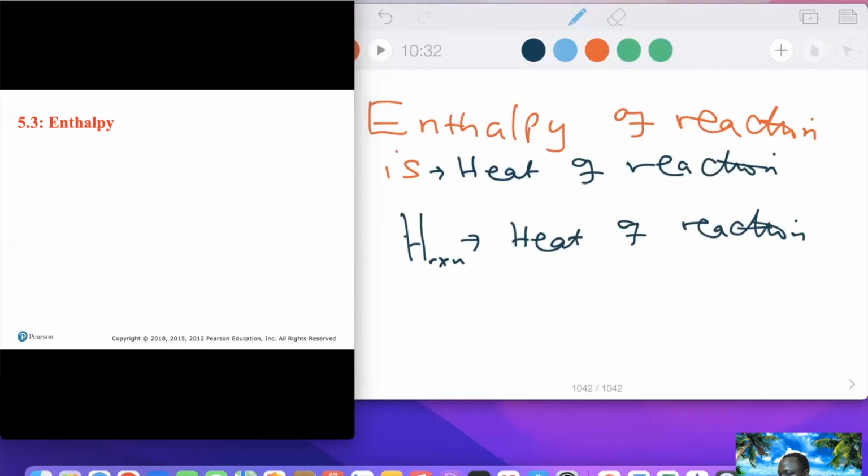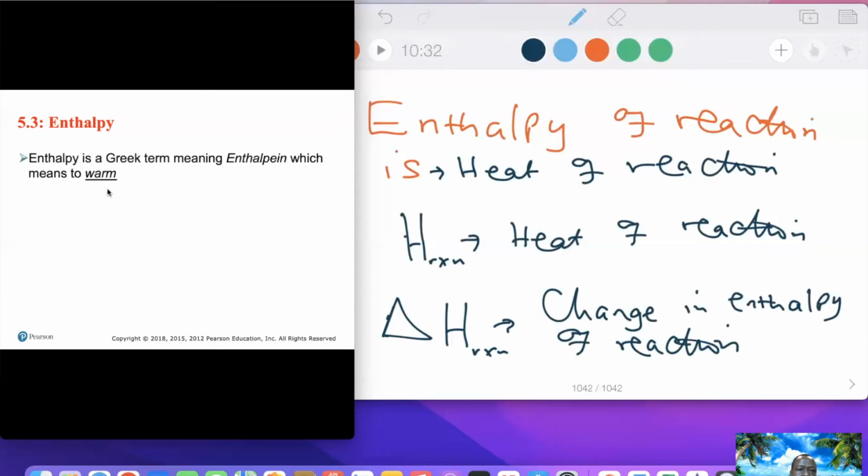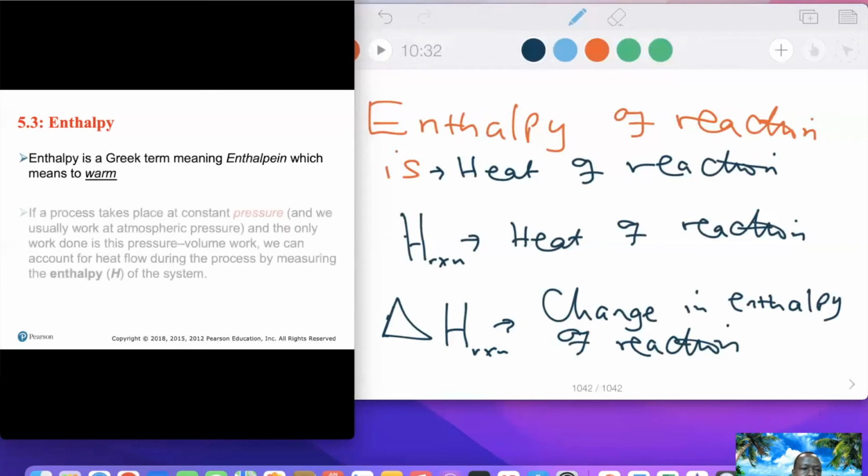And delta H means change in enthalpy of reaction. We're going to have that change in enthalpy of reaction. So enthalpy means to warm or to heat.